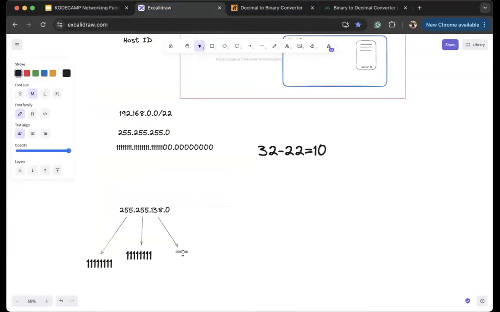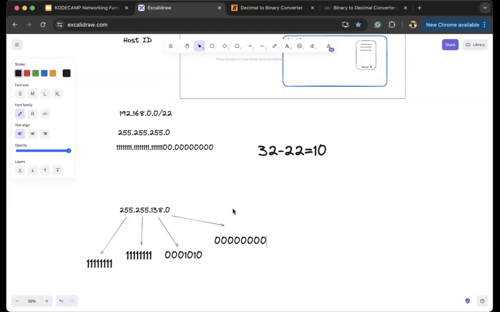We have, and then finally, if I convert 0 from binary to decimal, I'll still get 0, for instance. Okay.